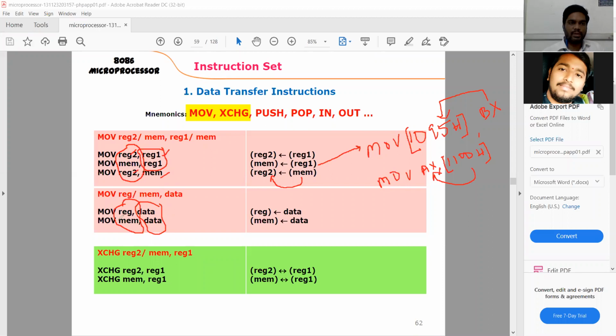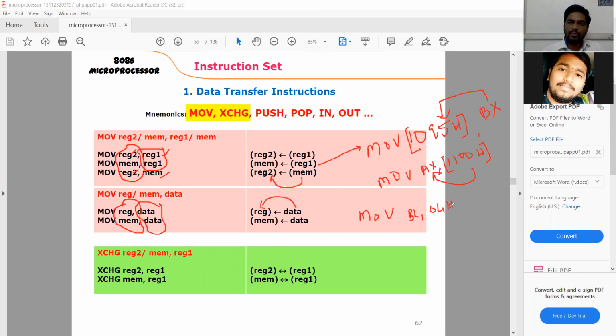In the first instruction, move register comma data, we are moving the data directly into the register. The example for this is move BL comma 04H. If you want, you can write these in your notebook just to remember.